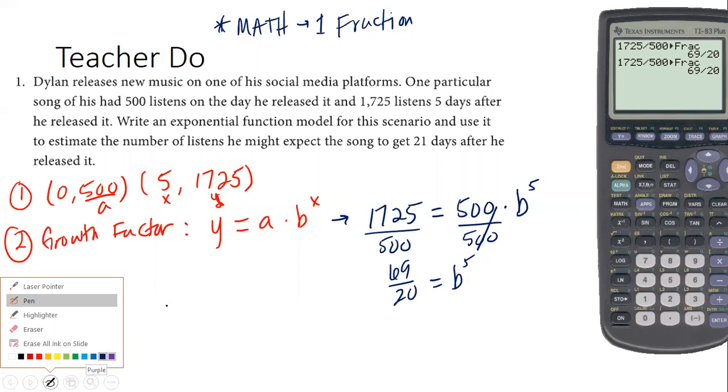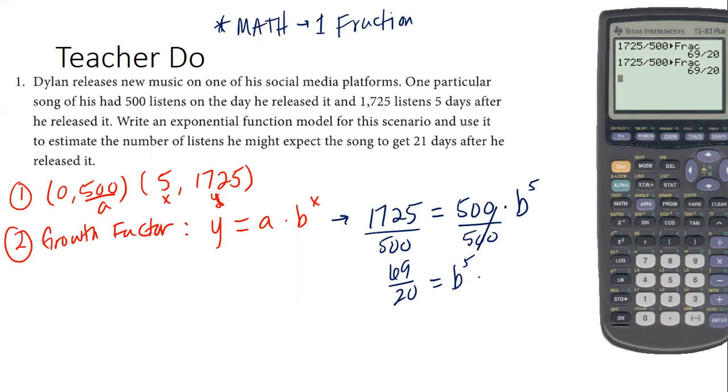You're flipping the number. So if I have 5, it becomes 1 to the 5th. And what I do to one side, I have to do to the other. So I'm putting this whole fraction to the 1/5, and this cancels that out. So now b is by itself.